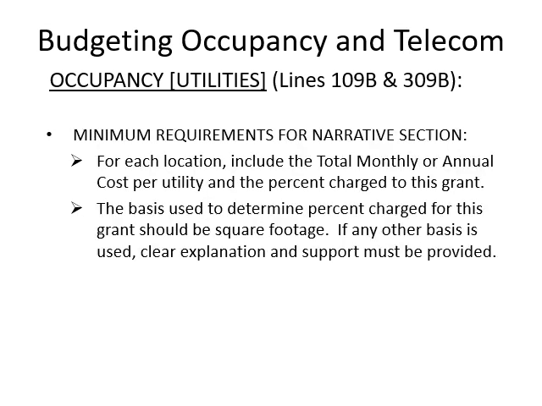The minimum requirements for the narrative section of the occupancy utility budget: you must list for each location, include the total monthly or annual cost per utility and the percentage charged to this grant. The basis used to determine the percentage charge for this grant should be square footage. Again, if any other basis is used, you need a clear explanation and you need to support why you're using an alternate basis.